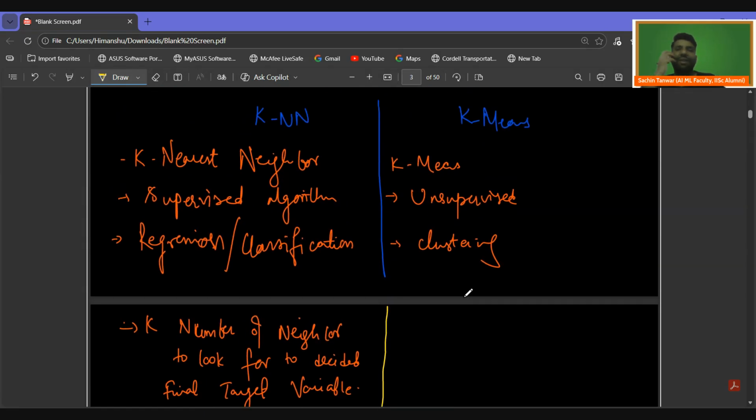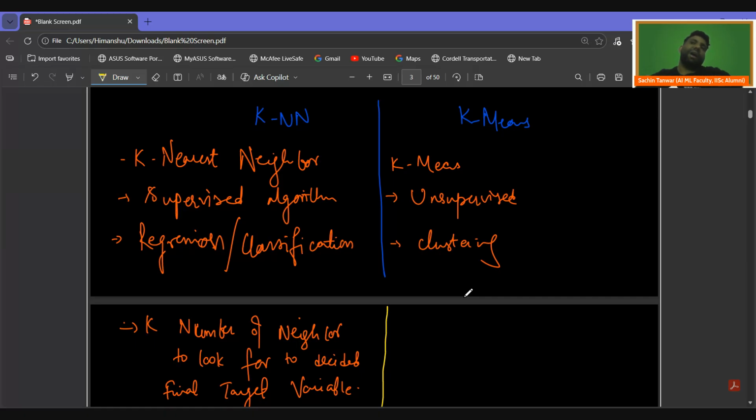So we just have data points present, and clustering is a problem in which we want to see how many categories are present, for which we do not know what those categories are. Is there a shared behavior within my data points? Is there any region where some of the data points belong to this region, and some belong to that region?